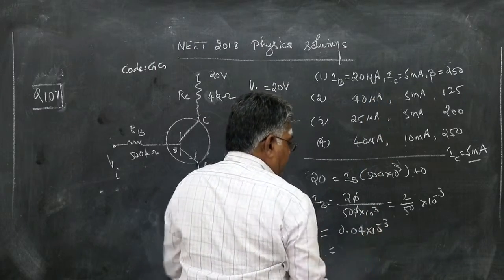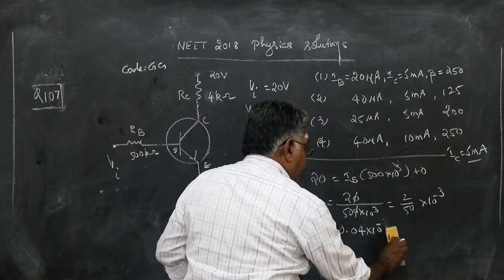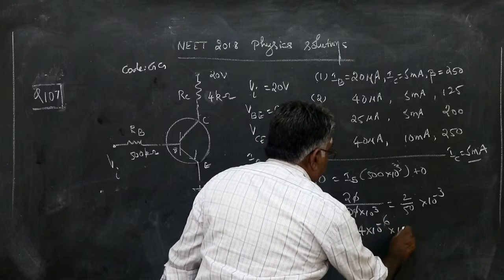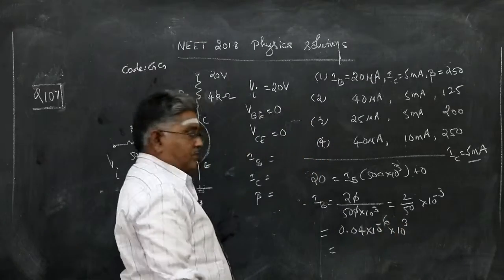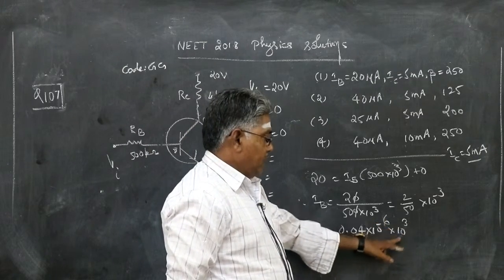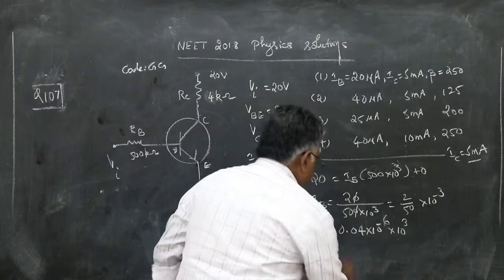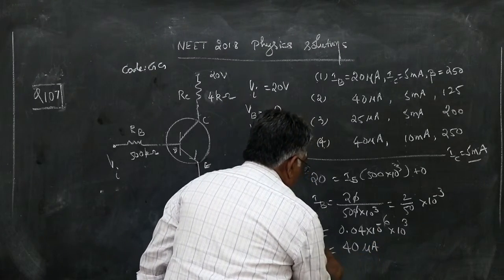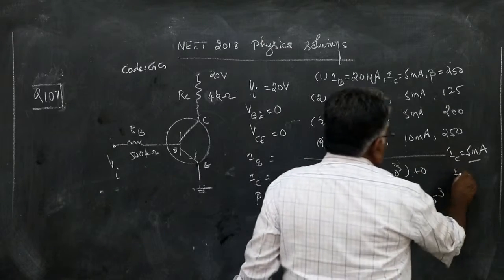You write it as 10 power minus 6, 10 power plus 3. Actually 10 power minus 3, 10 power minus 6, 10 power plus 3, 10 power plus 3 you add here, you will get 40 into 10 power minus 6. So 40 microampere IB. So IB is 40 microampere.